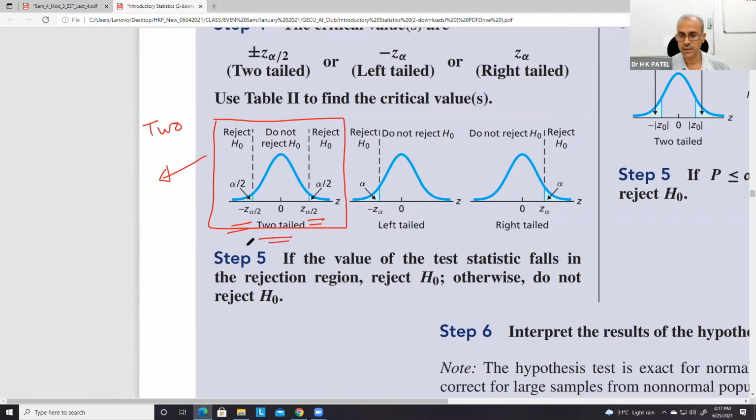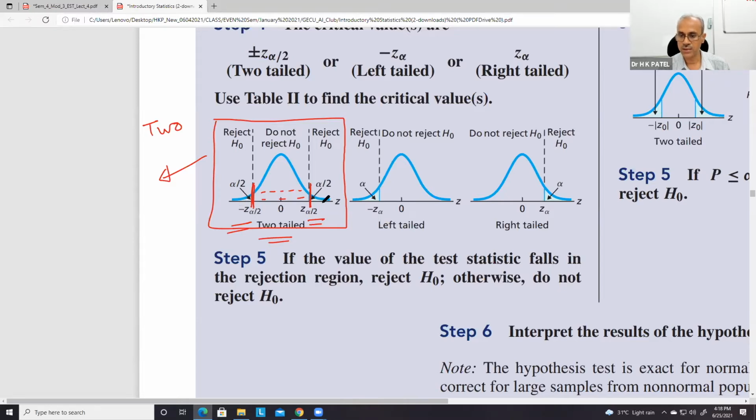Two-tailed or two-sided. Same numbers you can see, Z alpha by 2 and minus Z alpha by 2, and therefore the area between these two numbers is our acceptance region. The right of Z alpha by 2 and left of minus Z alpha by 2 are the rejection regions.